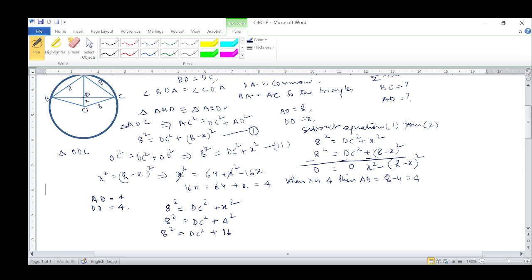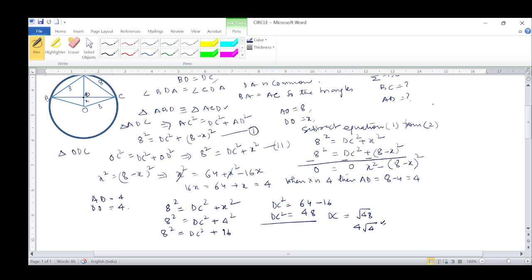DC square is equal to 64 minus 16, which is 48. DC square is equal to 48. DC is equal to under root 48. Under root 48 means you can write 4 out and 4 in. So DC is known.